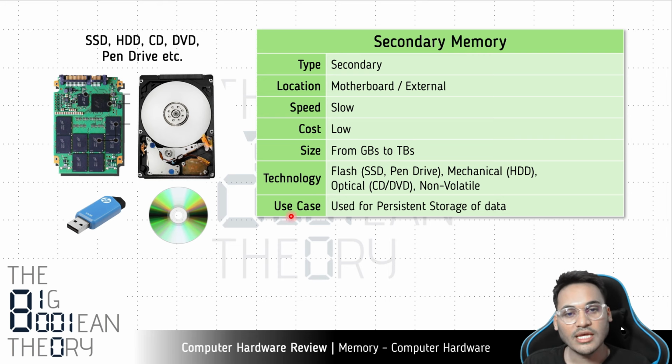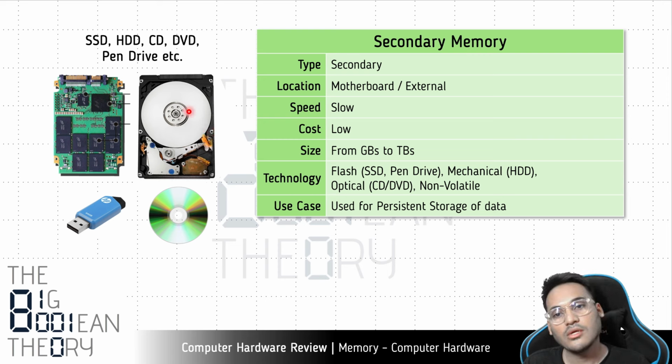Finally, let's talk about the technology that is used. There are different types of technology that come under the secondary memory. The first one is the flash memory. The SSD or the pen drive are manufactured using the flash technology. This is again a semiconductor technology, but different from the DRAM or the cache memory. Then there are certain memories which are mechanical in nature, for example the hard disk drive.